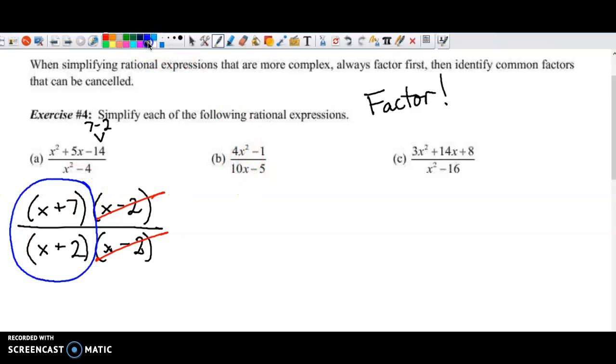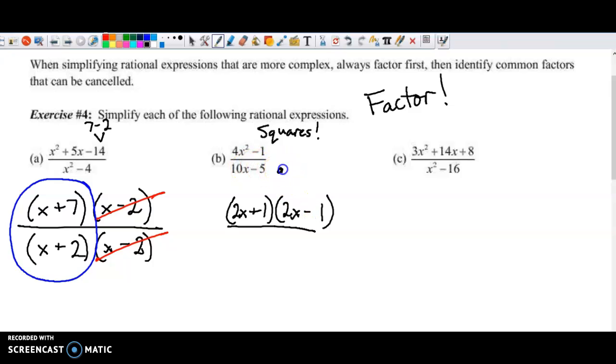So again, let's look at the next one. We again have a difference of squares on top. Notice the square numbers, because the bottom is not a difference of squares. On top, to get 4x squared is 2x times 2x. To get 1 is 1 times 1. Just make 1 plus, make 1 minus.